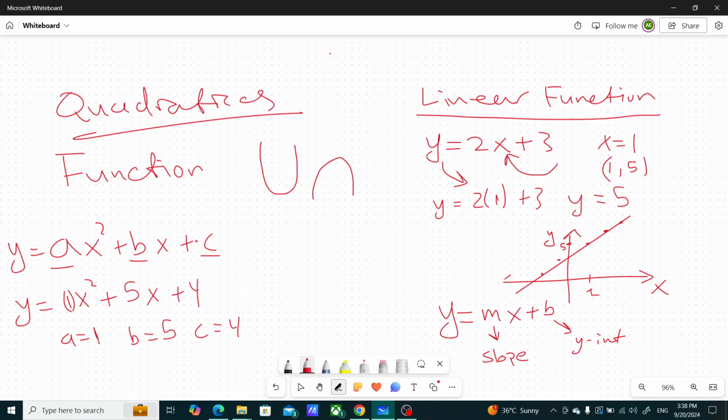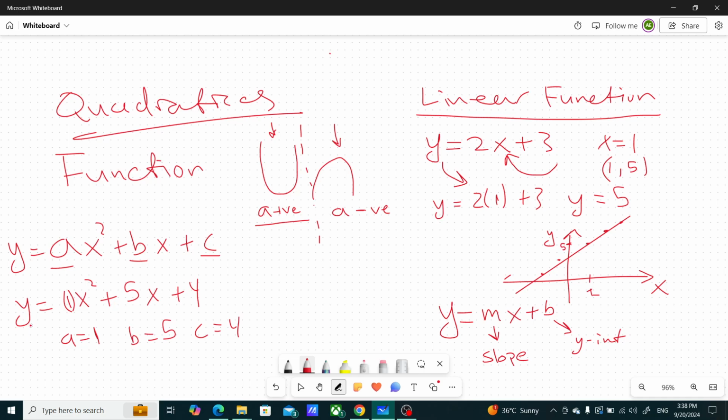In order to understand quadratics, we need to know how to draw it on the graph, and we need to know how to get the information we want. First, if a is positive, then the shape will open upwards. It will look like this. And if a is negative, then it will open downwards, and the shape is going to be like this.